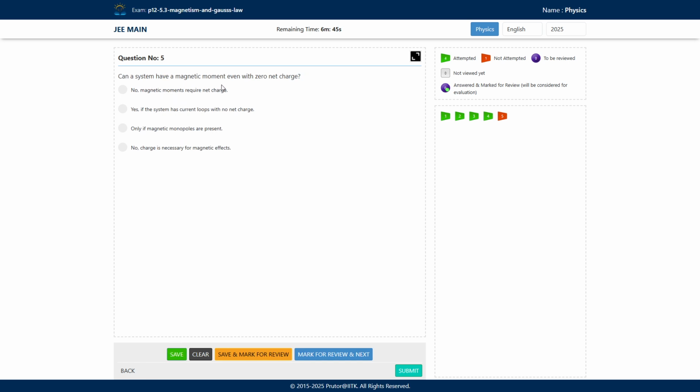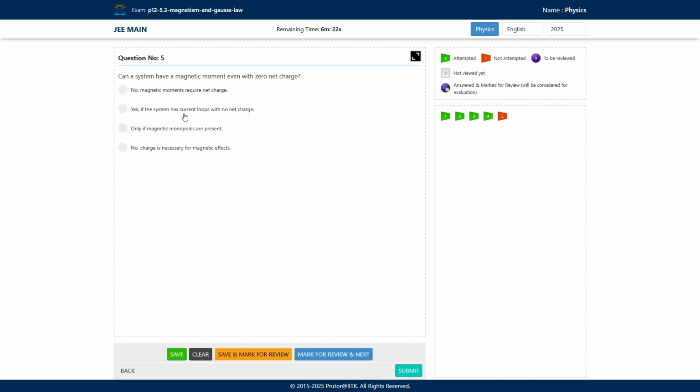Can a system have a magnetic moment even with zero net charge? Options: No, magnetic moments require net charge.